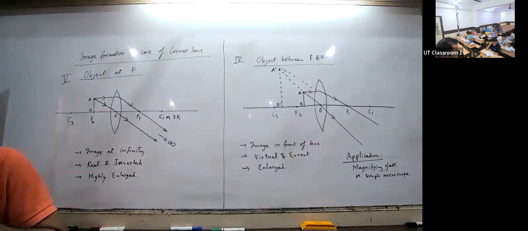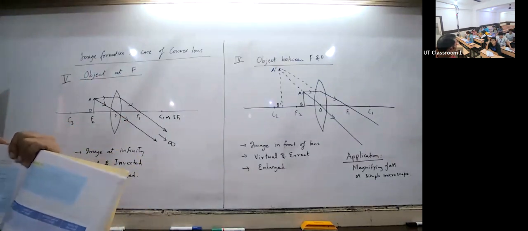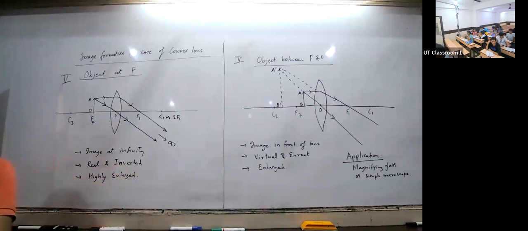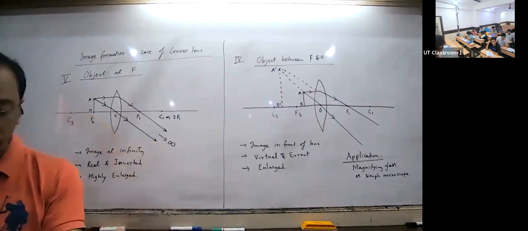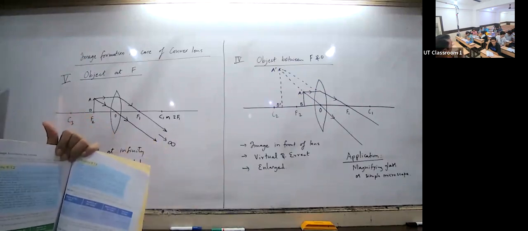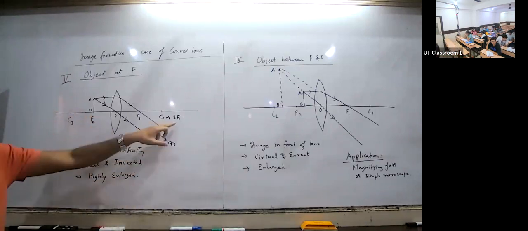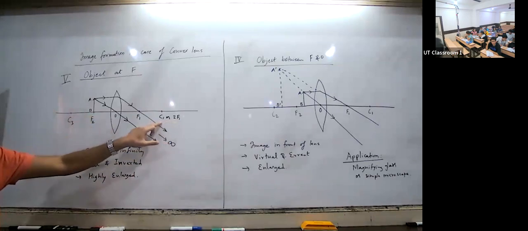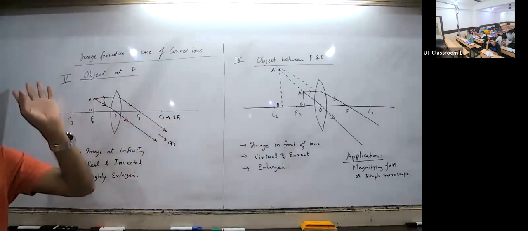Not the summary, but they have given in terms of diagrams, I think. Okay. So in the textbook, you are provided with the summary of all the image formation. It is on page 152 in the new textbook. Okay. And in the textbook, they have mentioned in terms of F1, F2 and all that. And when you have 2F2, right, or 2F1, it means C. Twice of F is C. Remember that.